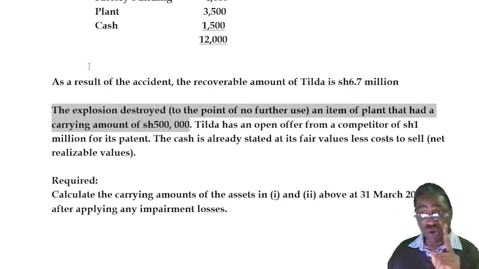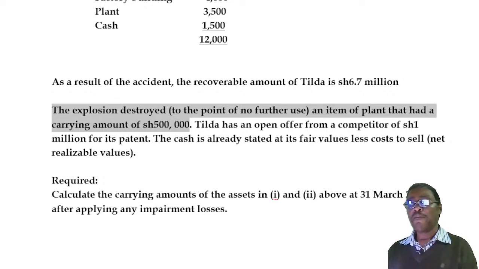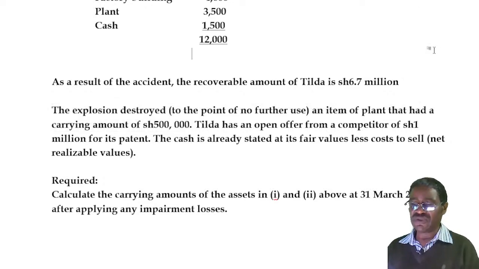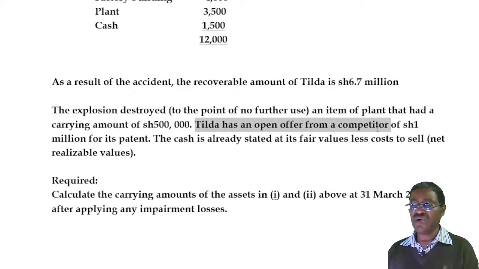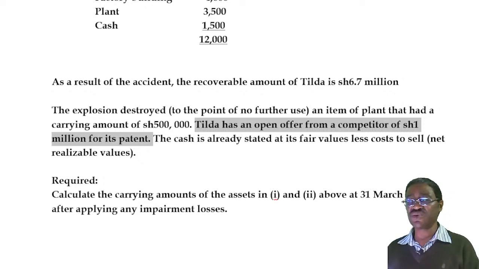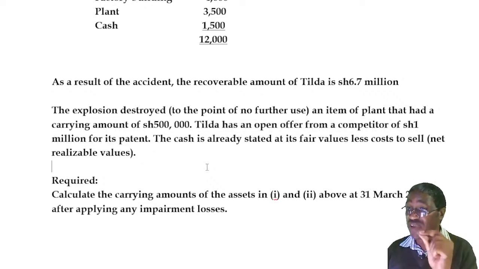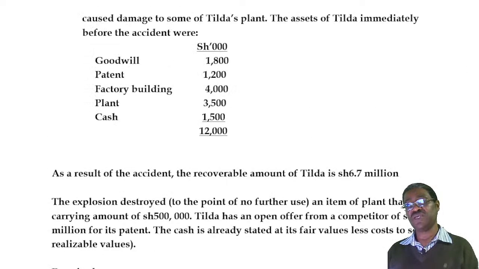Your past paper question that I'm referring to at that point did not have the second important point, where we are told that we can get shillings 1 million from a competitor for its patent. How will it affect our impairment loss? It will affect a lot. We shall see in a short while.